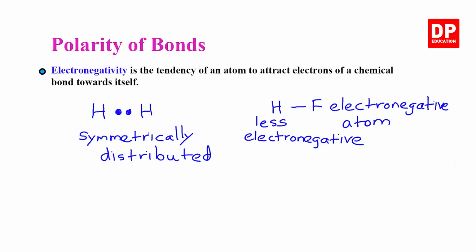Because of that, although we expect the two electrons to be shared equally, fluorine has the tendency to pull the electrons towards itself.